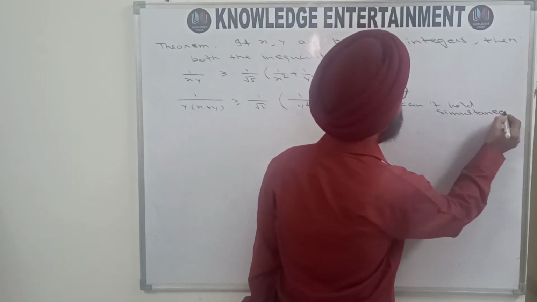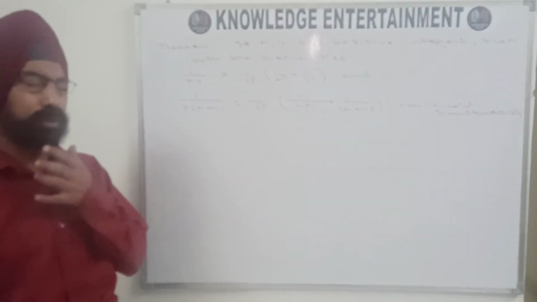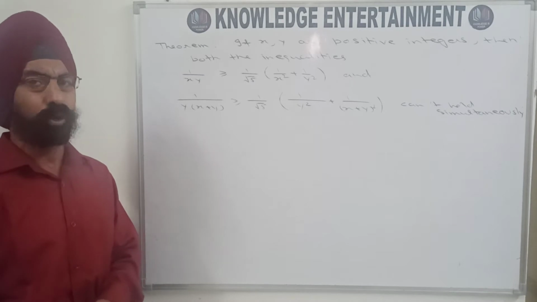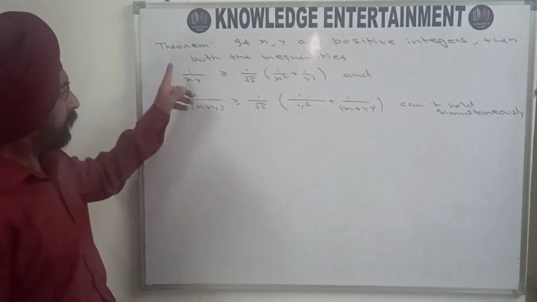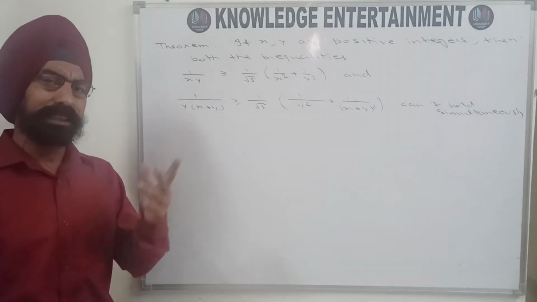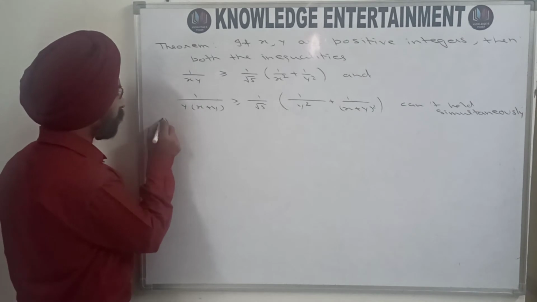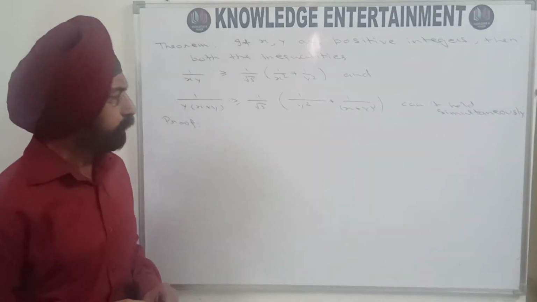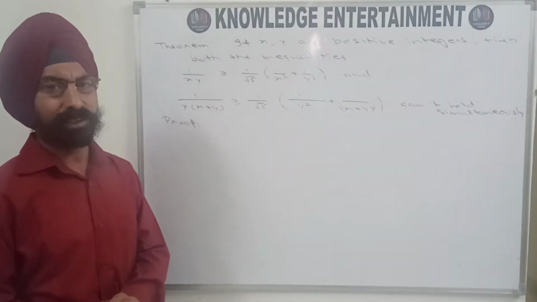So this is a lemma which will be used when we move on to Hurwitz's theorem, which is a very important theorem from the point of view of examinations and even for research also. So these two inequalities cannot hold simultaneously. This is what we want to prove. So let on the contrary, suppose if possible that these two are holding simultaneously.